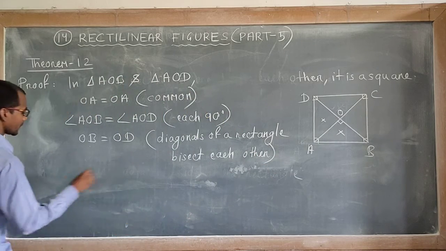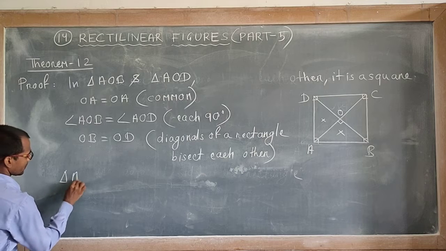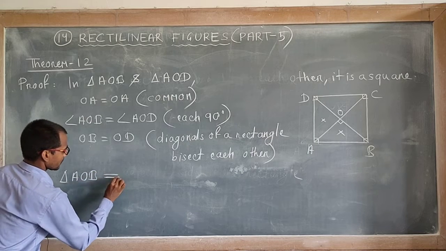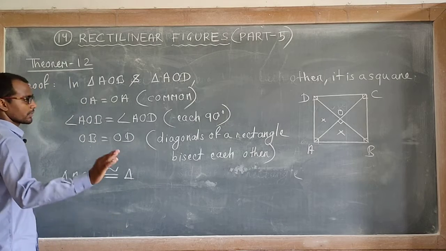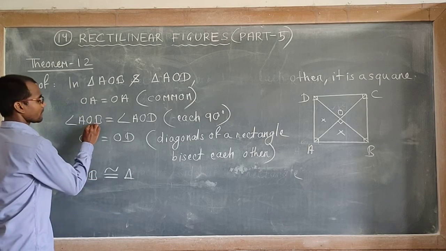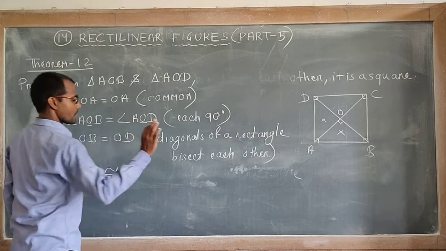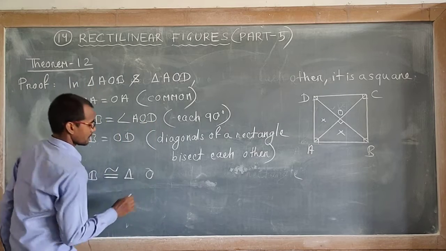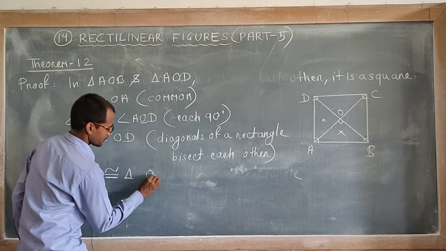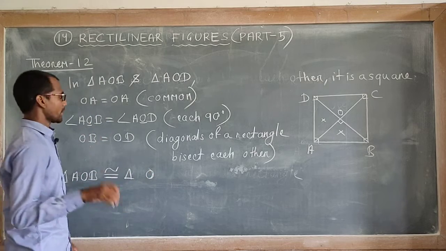Okay. So now you can easily get the order. Triangle AOB is congruent to triangle, first target angle. AOB means O, AOD means O, so O corresponds to O. O middle means O middle.